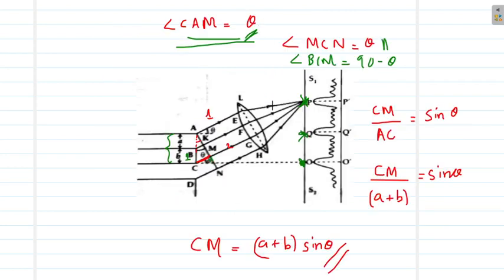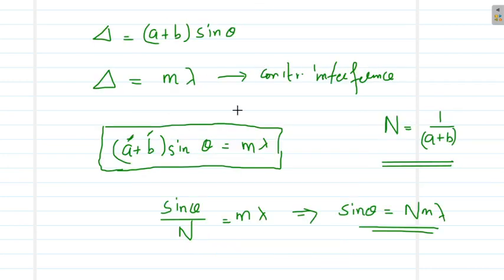If we look at the intensity distribution, you can see that there are some maxima at which constructive interference is happening. In between, we have regions of minimum intensity. The center will be maximum because if you substitute theta equal to 0, m equal to 0, the center point will be bright.